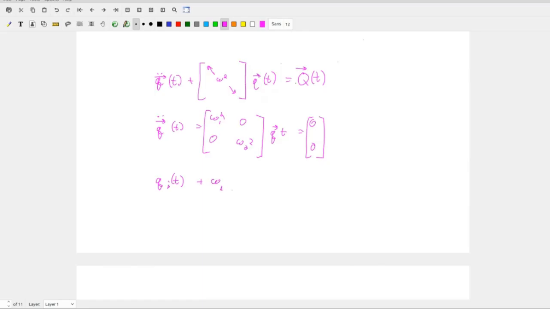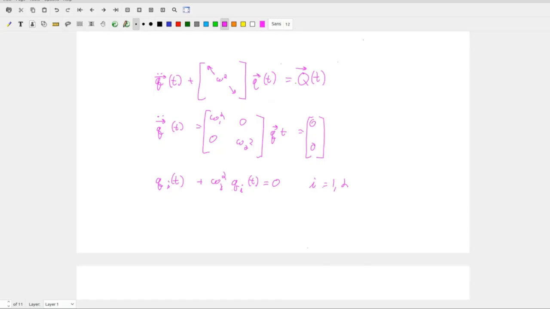Plus omega i squared q_i of t, where i is a subscript, is equal to 0. And we have two modes, so i equals 1 or 2. That is an ordinary differential equation. And do we have a solution to that? Right, we have a solution to that.